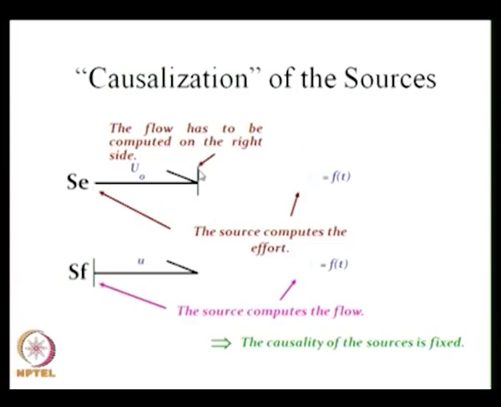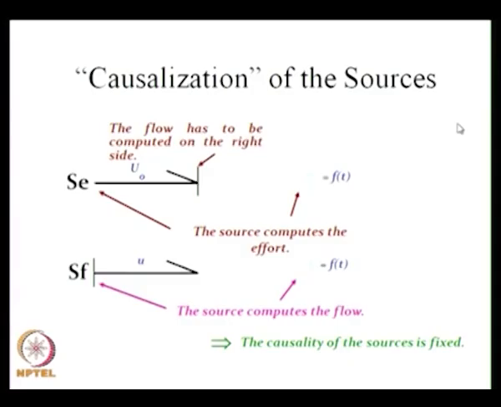For the source effort you will always have a causal stroke here, and for the source flow you will have a causal stroke at the other end, or the left side of the bond. So the causality of the sources SE and SF is fixed. You cannot change the causality because the source computes the effort or the flow, that is why it is already fixed.